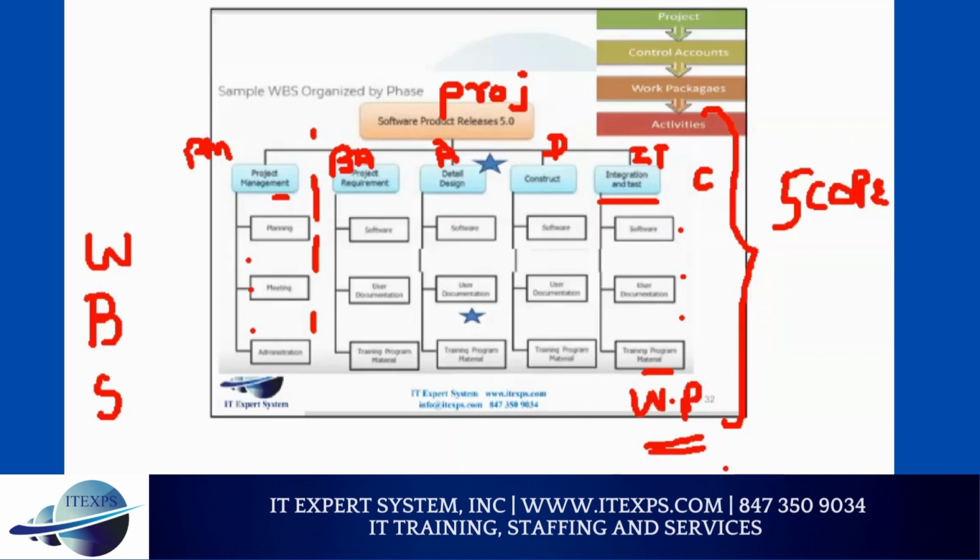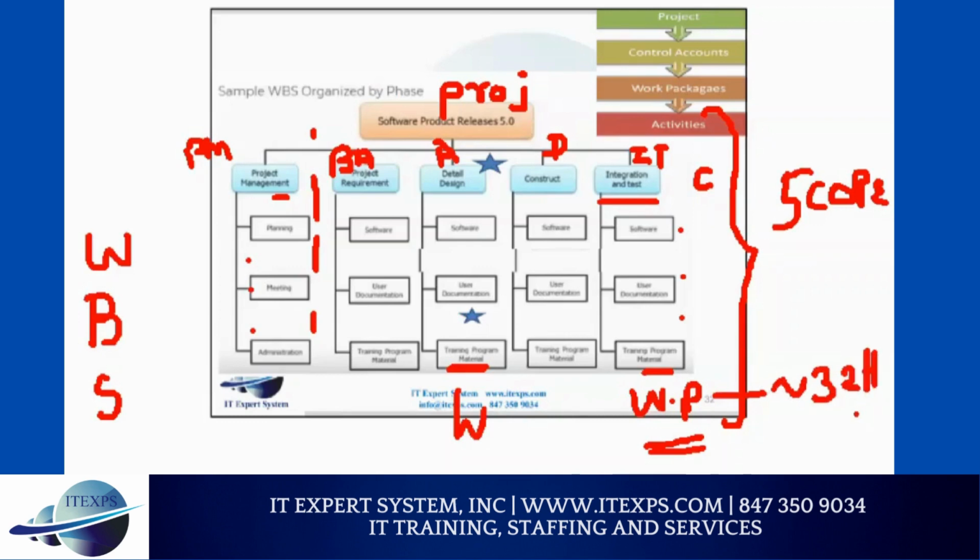So it's a good idea to take a project and break it down into subcategory, and then subcategory can have subcategory. But the last one, whatever you see here, is called a work package. Make sure you understand. So what is a work package? A work package is around 32 to 40 hours of work.